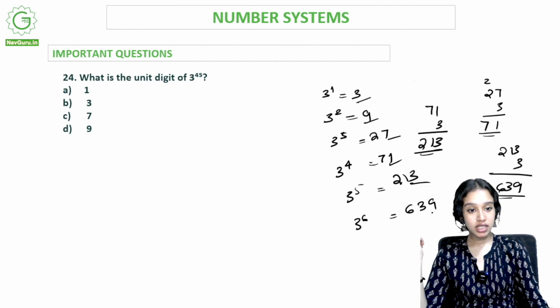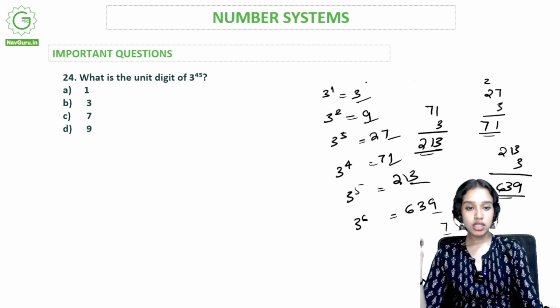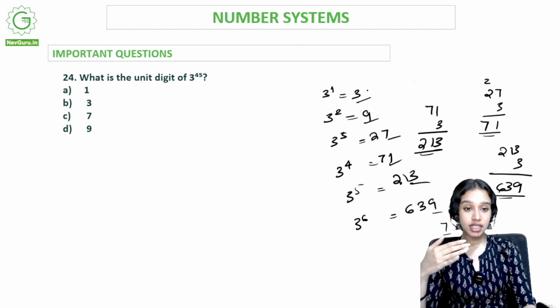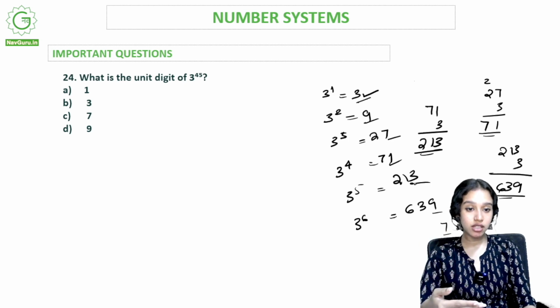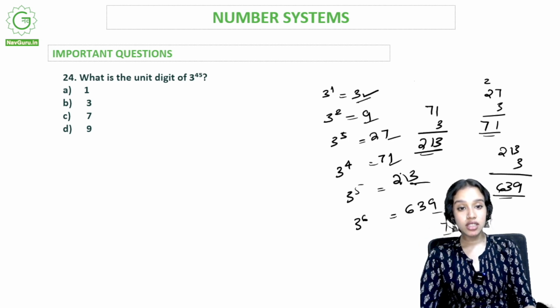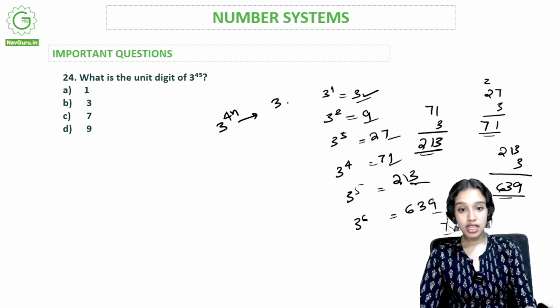Again it goes like 3, 9, 7 and 1. So at what rate is it changing? First it was 3, and then it again became 3 in the ones place after 4 digits. So we could say that if we are saying 3 raised to 4n, we will have 1 at the ones place.